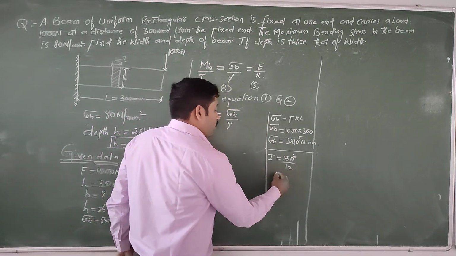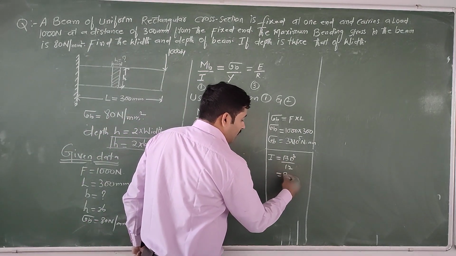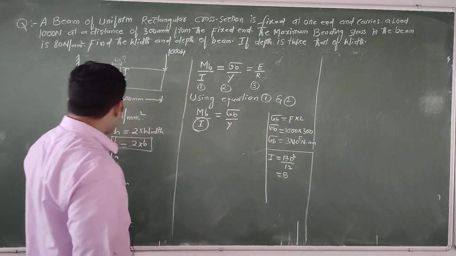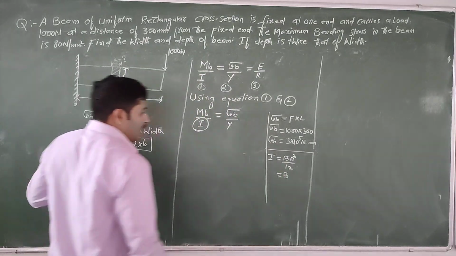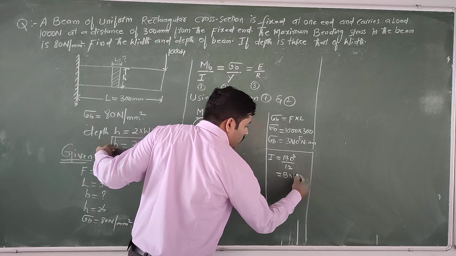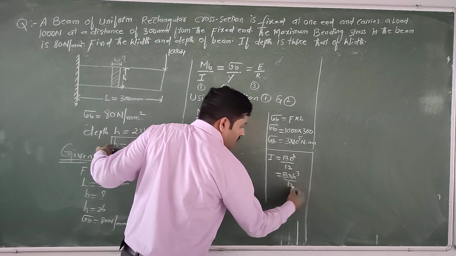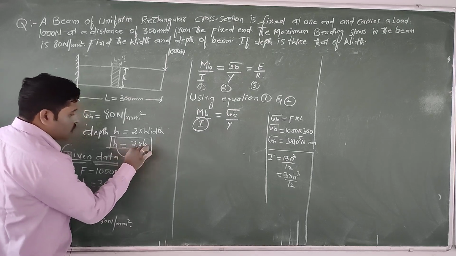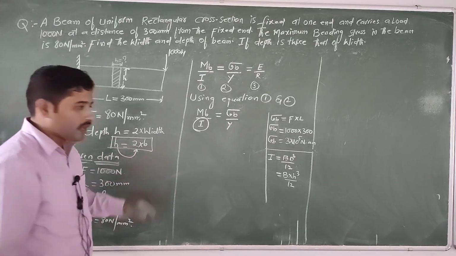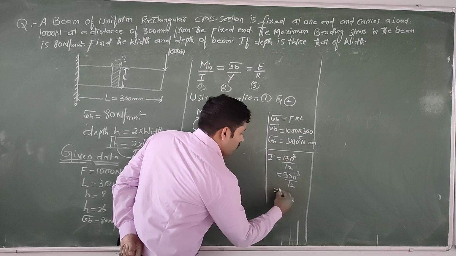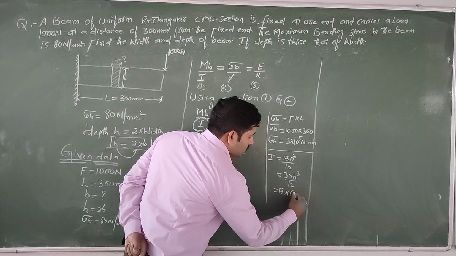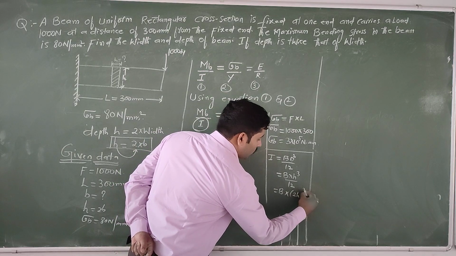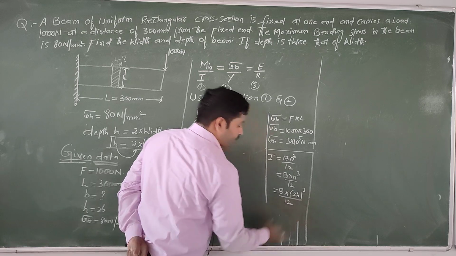B is breadth, D is depth, so we can represent it as B H cube by 12. H is equal to 2 times of B. We can say B as it is, H is 2B cube by 12.